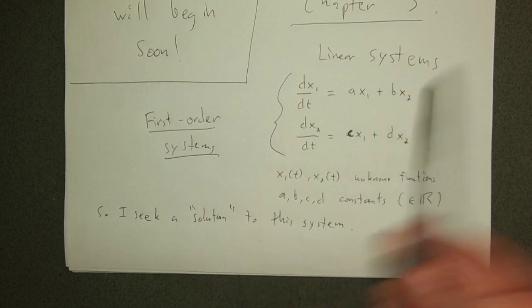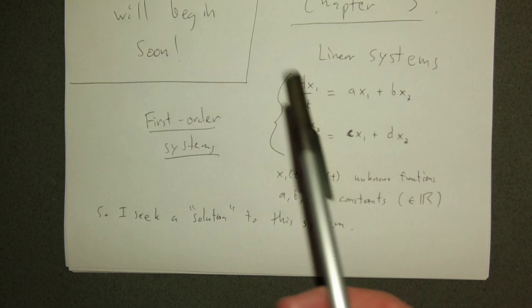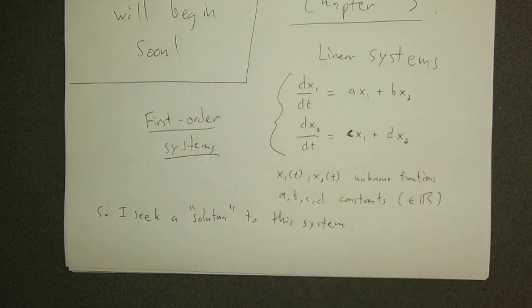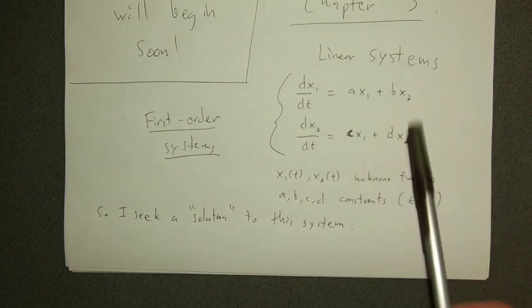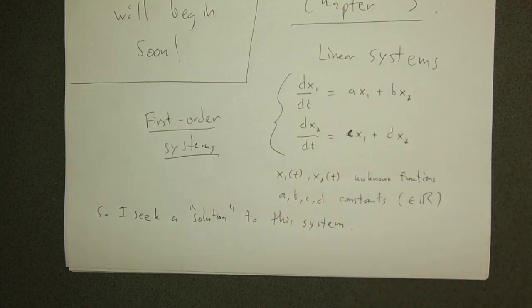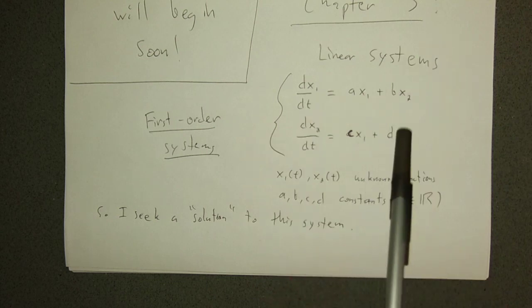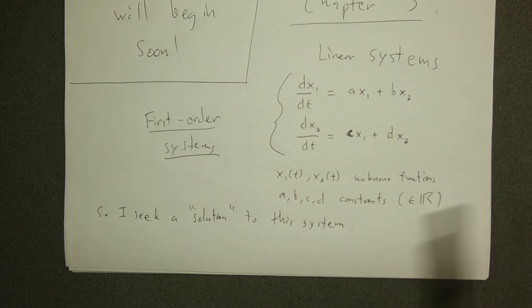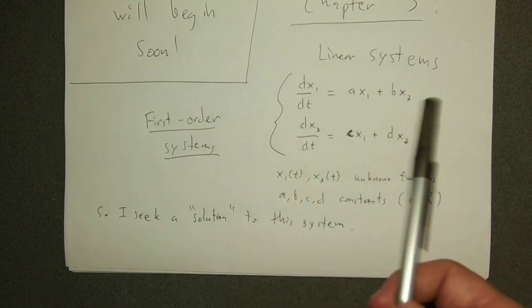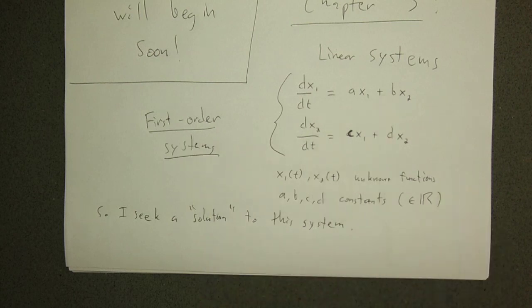Just like for linear systems, not of differential equations, but go back to pre-algebra. What was a system of linear equations when you were studying pre-algebra or algebra 1? It was just a set of linear equations that had to be satisfied simultaneously, so that a solution to that system satisfied every equation in the system simultaneously.